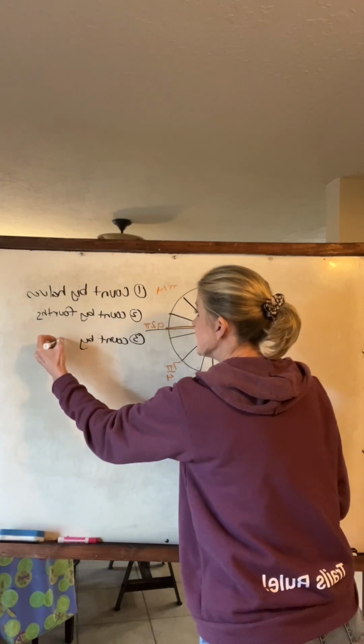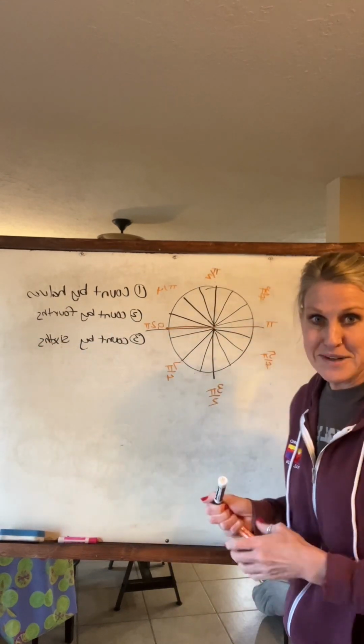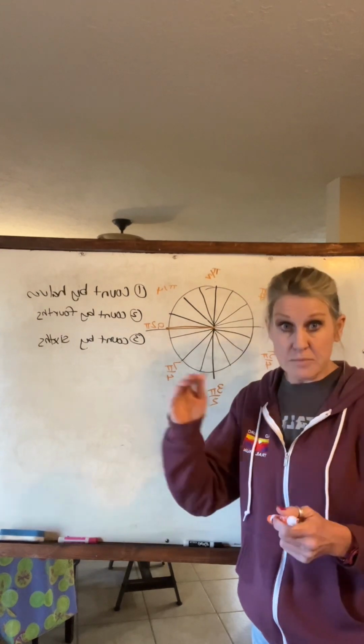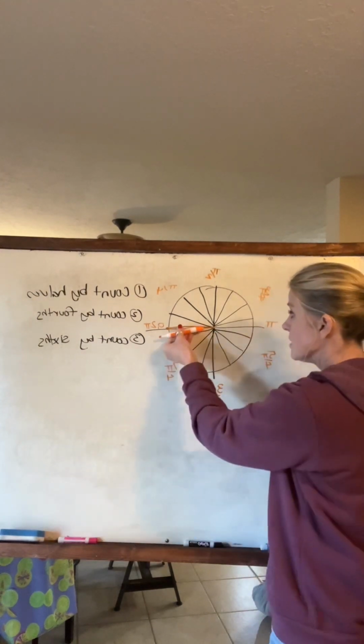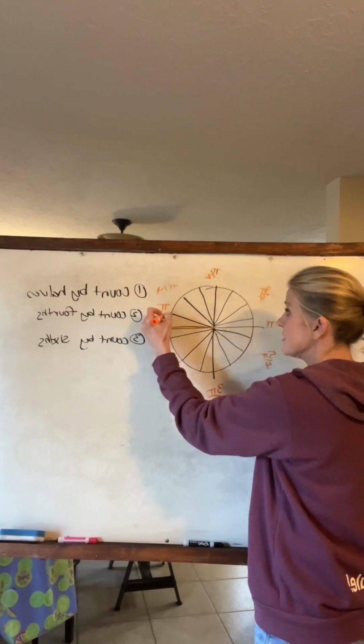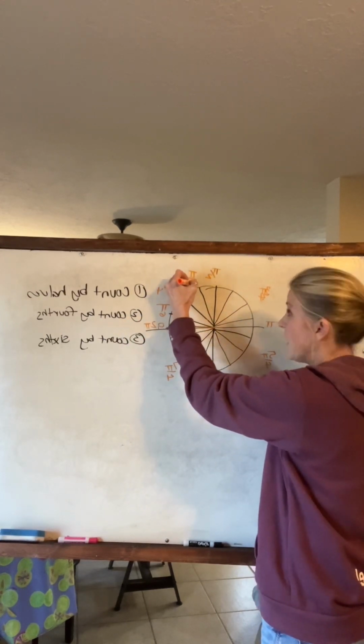Now I'm going to count by sixths. Don't laugh at me because it's hard for me to say that word. And I'm still going to count my quadrantals as I go. So this is 1/6. This is 2/6, which is pi over 3.